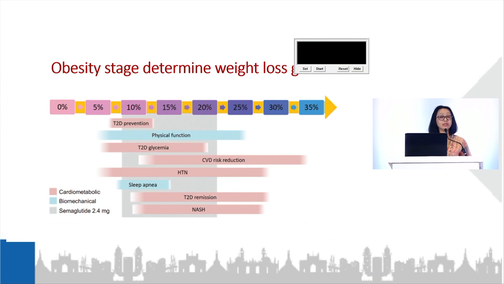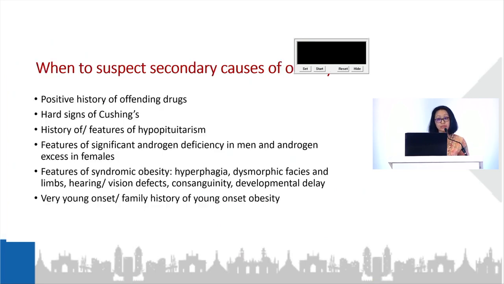This slide has also been discussed by Dr. Shashank Joshi, where the staging of obesity, and thereby the identification of the complications, guides us to the extent of weight loss we may afford. So for the prevention of type 2 diabetes, maybe 5 to 10% weight loss. But for the remission of type 2 diabetes, or for, let's say, the regression of fibrosis in NAFLD, it could be as high as 15, even 50%.